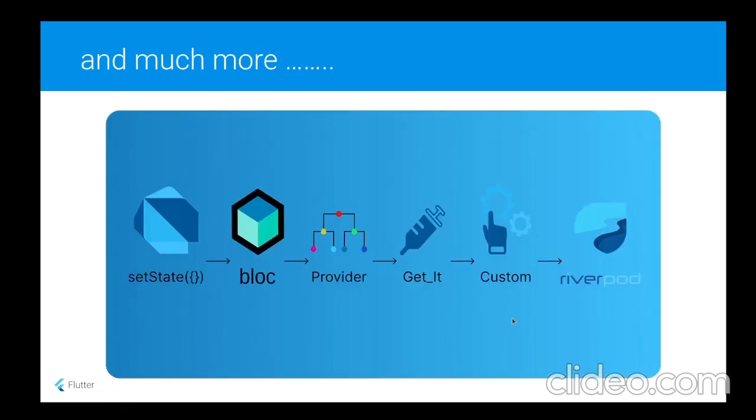Apart from that, there are many more state management tools available. You can have a look at these if you want, and these are quite interesting. You'll find everything in the official documentation of Flutter on state management. I've taken a lot of content from there.